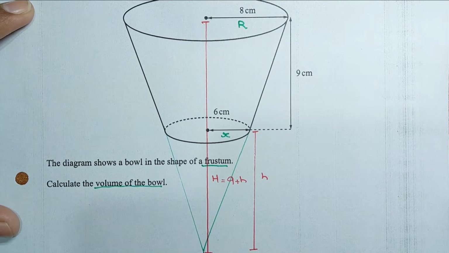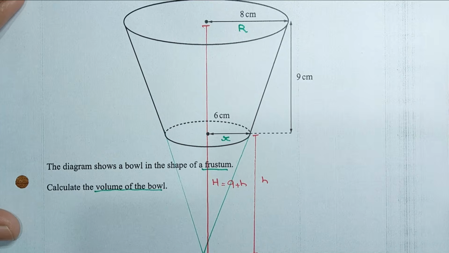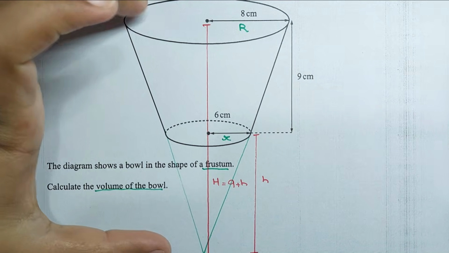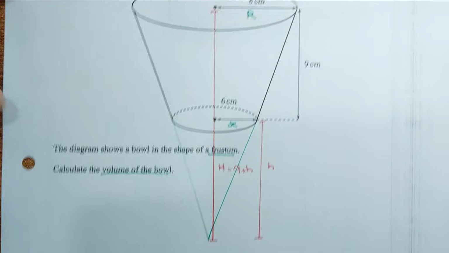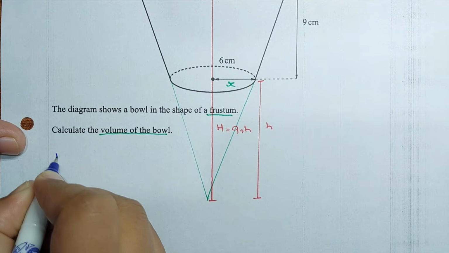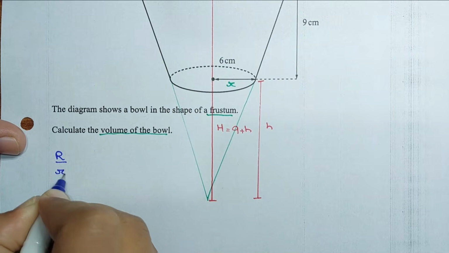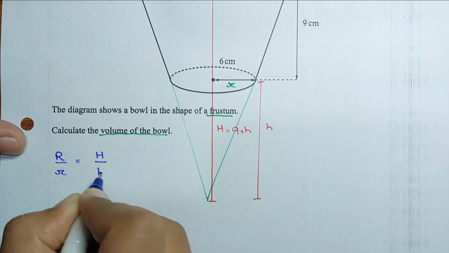Okay. Now we have to use the concept of similarity, right? Since the larger cone and the smaller cone are mathematically similar, the larger radius over the smaller radius, their ratio, equals the larger height over the smaller height.